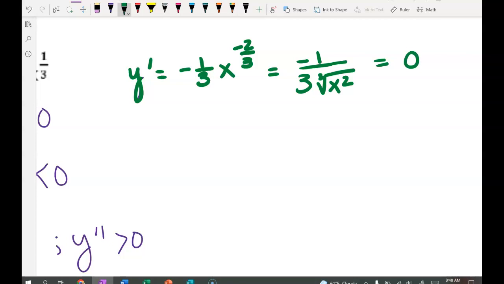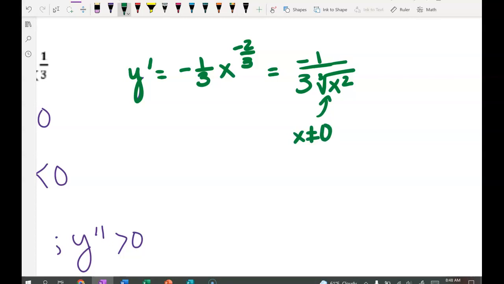As you can see here, it is not possible to solve for x, okay? There's no x value that will give y prime equals 0. So we can't really do that. But as you can see, we can go and see when it is not defined for the first derivative. Well, because we have an x in the denominator, that means x can never ever be 0.